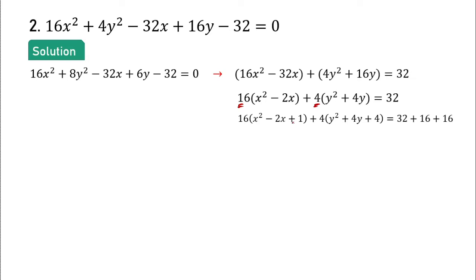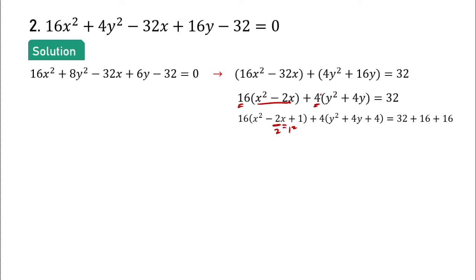Next, I'm going to do completing the square. Take note that this is a binomial, so I complete its square. It becomes 16 times the quantity x squared minus 2x plus 1. How are you going to do that? Divide the 2 by 2, the answer is 1, then square the 1, so it is 1.